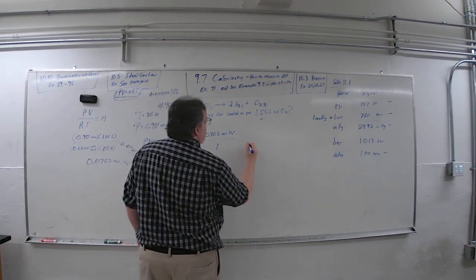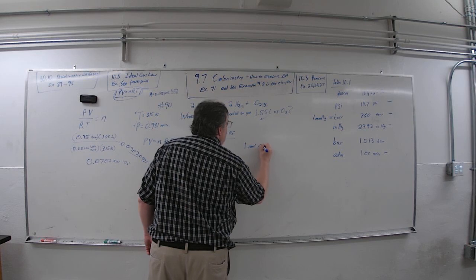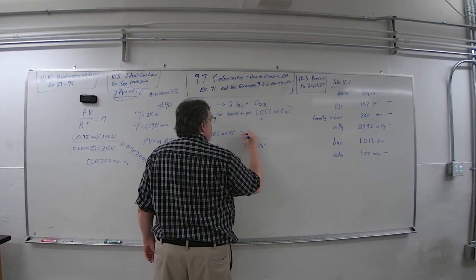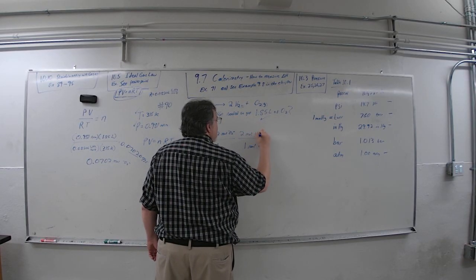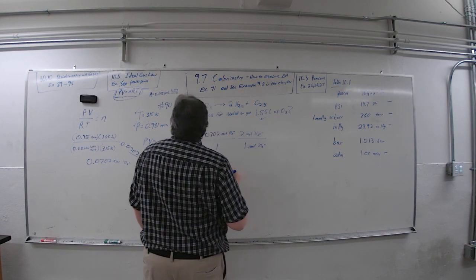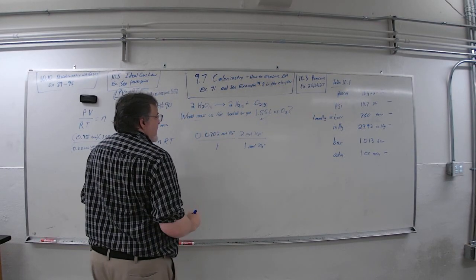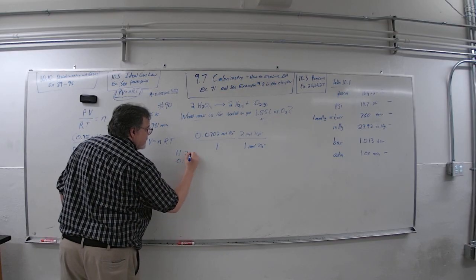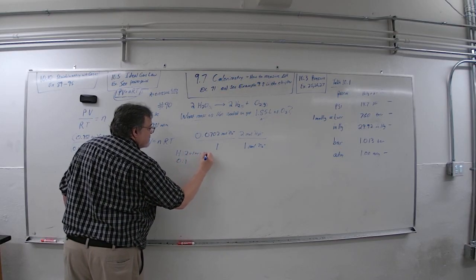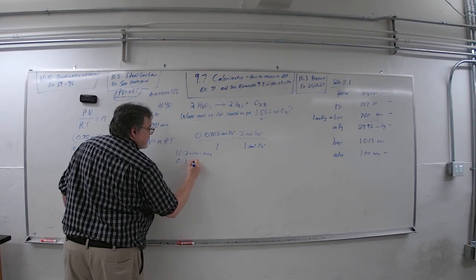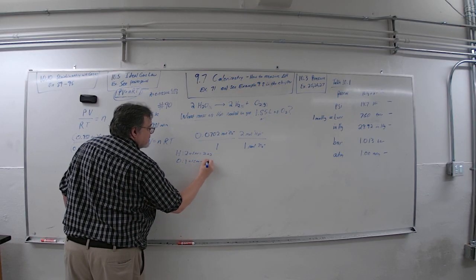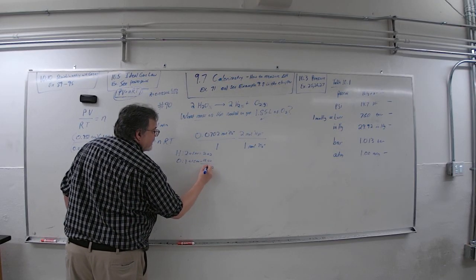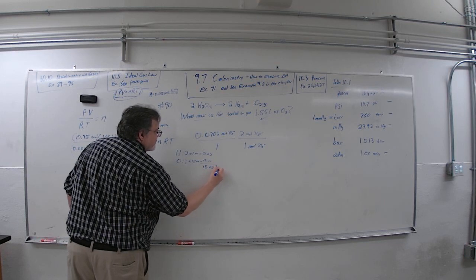Moles of O2, we have 1 mole of O2 to 2 moles of H2O. So it asks us for mass. For H, there's 2 of them, times 1.01 equals 2.02, plus O, there's 1 of them, times 16, equals 18.02 grams per mole for water.